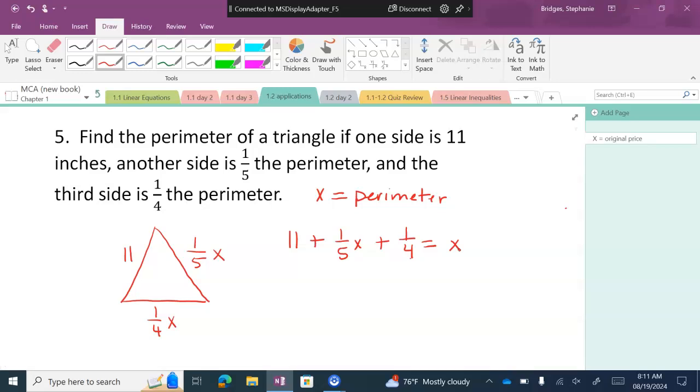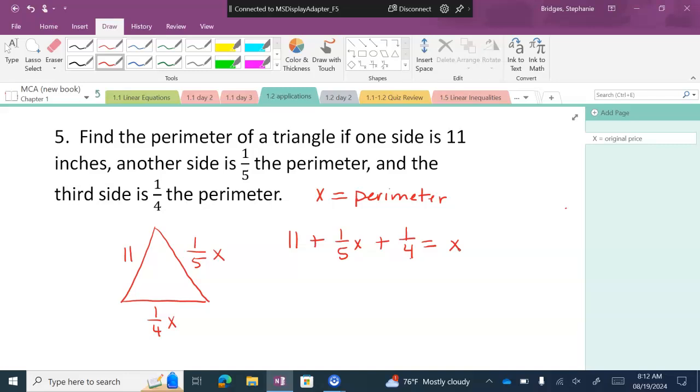A lot of the times with these perimeter questions, they're going to ask you for the sides of a figure, but in this case, they're asking for the perimeter. This equation has fractions, so we're going to need to get rid of those fractions like we did last week, last couple of days. Figure out what is my common denominator.